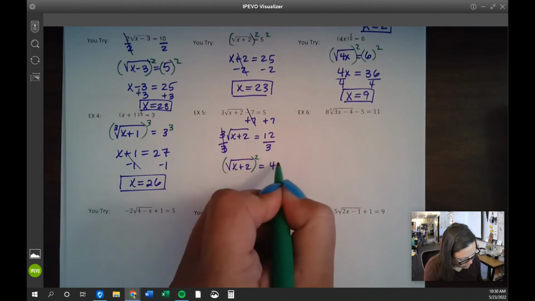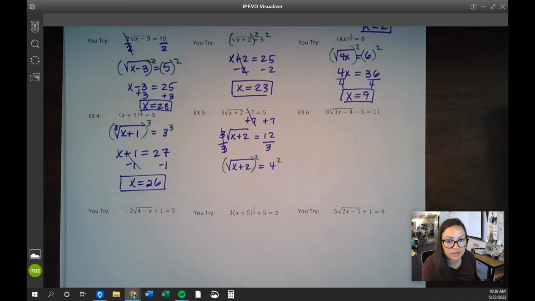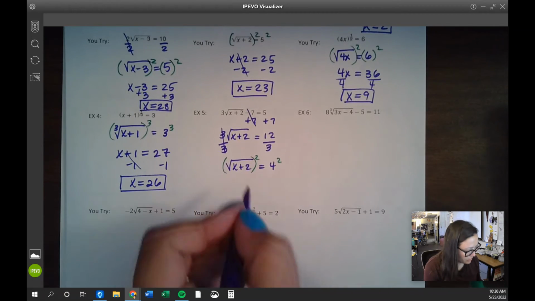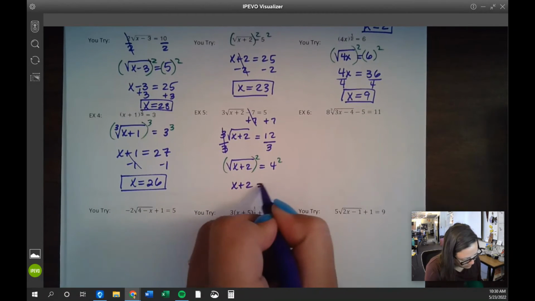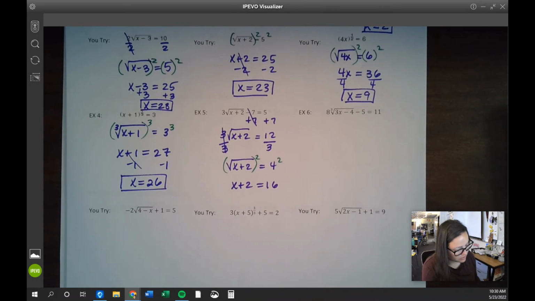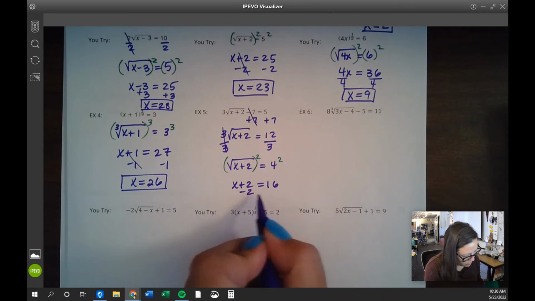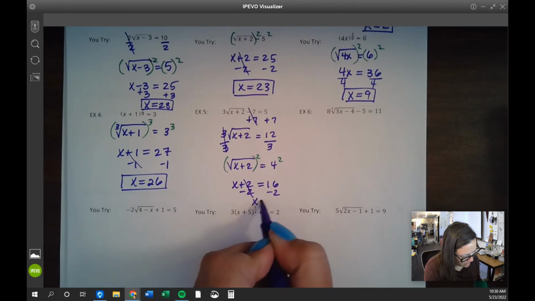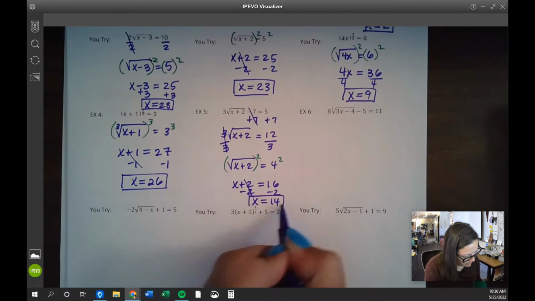And then I am going to square both sides to undo square root. Gives me x plus 2 equals 16. Then I'm going to subtract 2 from both sides, and we get x equals 14.